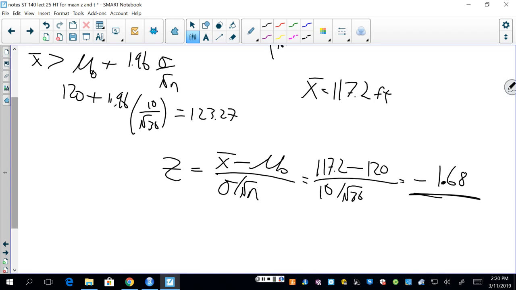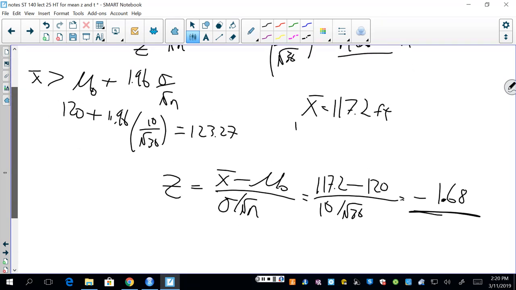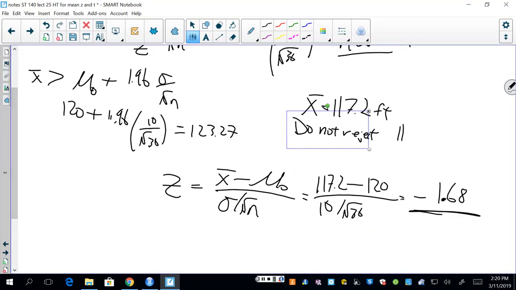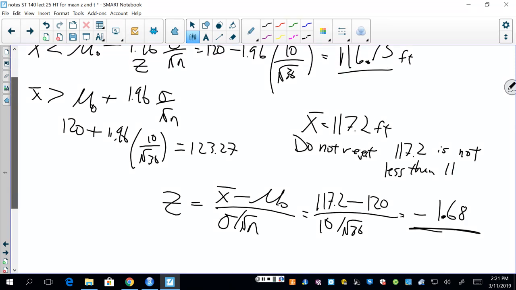So, conclusion. I write a conclusion up there. For this one, 117.2: do not reject, because 117.2 is not less than the cutoff, which was 116.73.